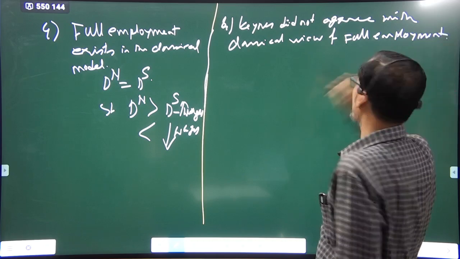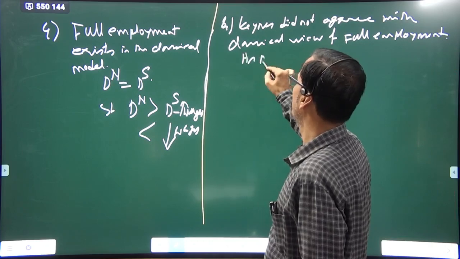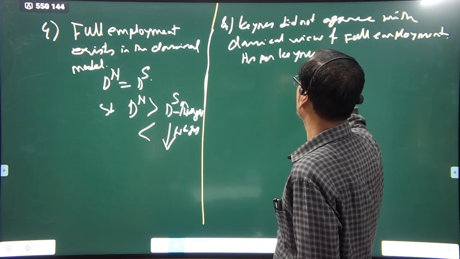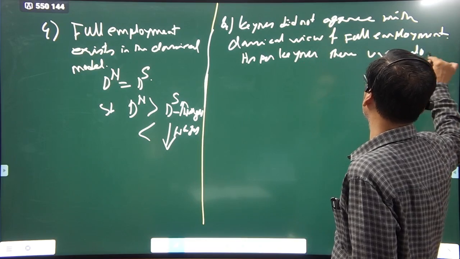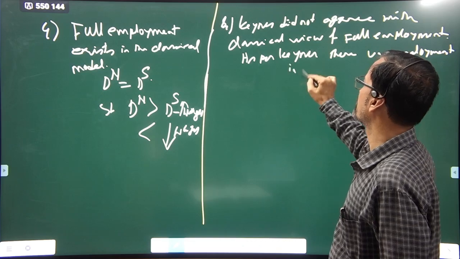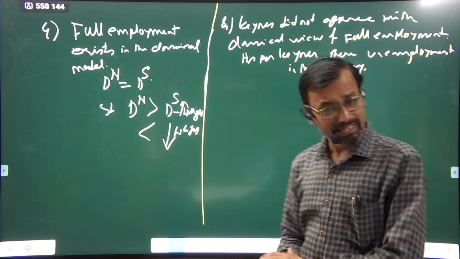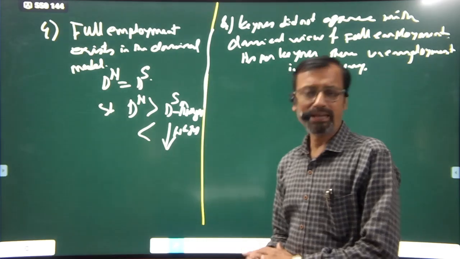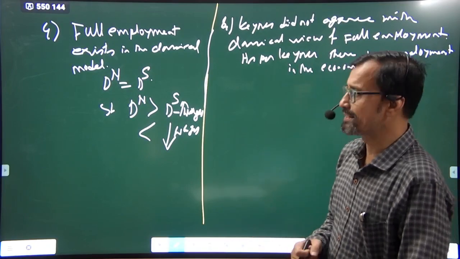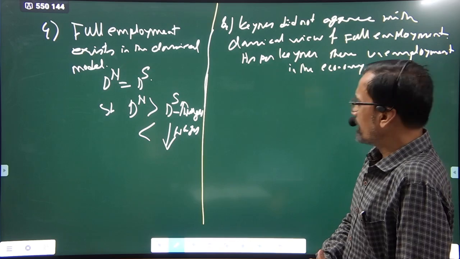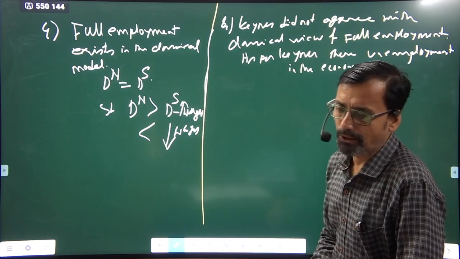As per Keynes, there is unemployment in the economy, because it was observed after the 1929 Great Depression that aggregate demand had fallen drastically, and unemployment rose very adversely. So that is why Keynes did not agree with the classical view of full employment.